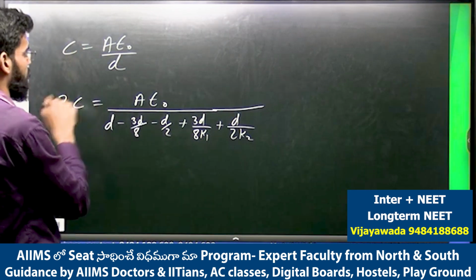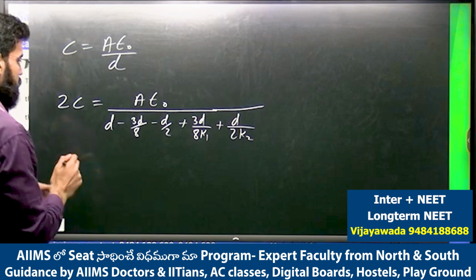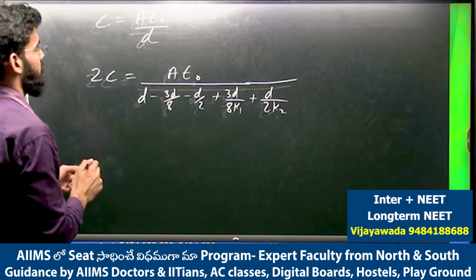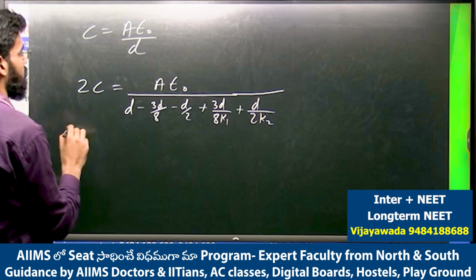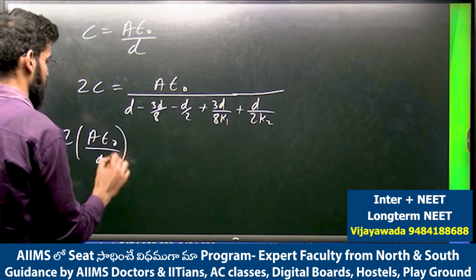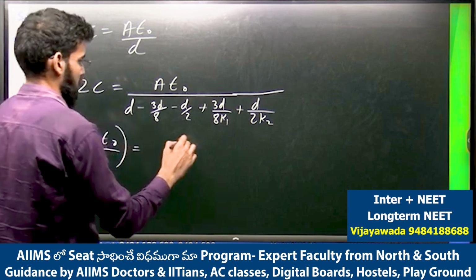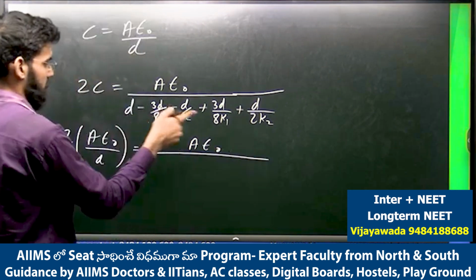So for the C value, first of all, you can put A epsilon naught by D. Okay. And you can have that factor cancel out. If I solve here, the C value A epsilon naught by D, what you get is 2 times A epsilon naught by D. Okay. This equals A epsilon naught, and here D is common.